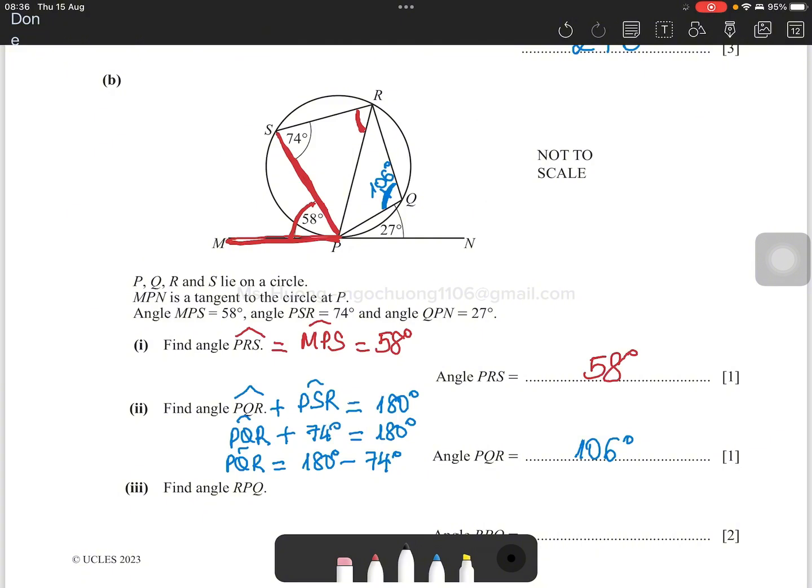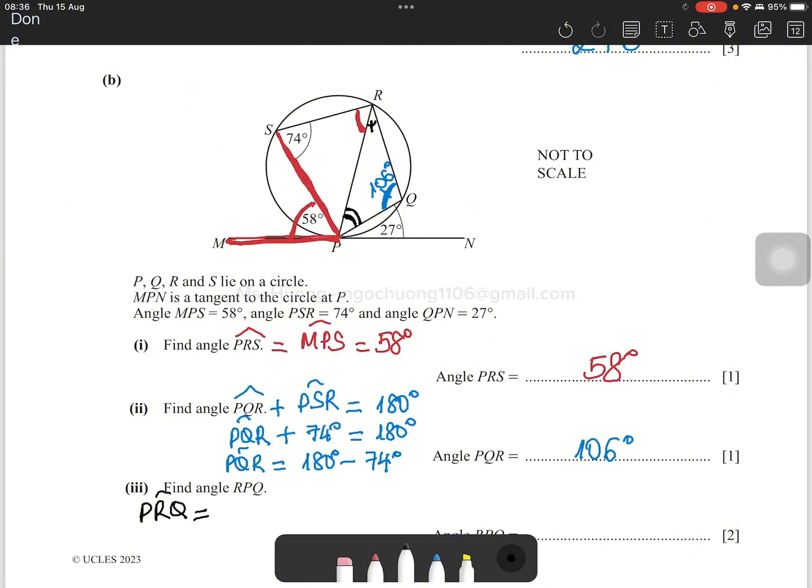Finally, find the angle RPQ. RPQ is this black angle. This is an angle in the triangle PQR, and we know the value of the angle Q, so we'll try to find the angle R here, the angle PRQ.